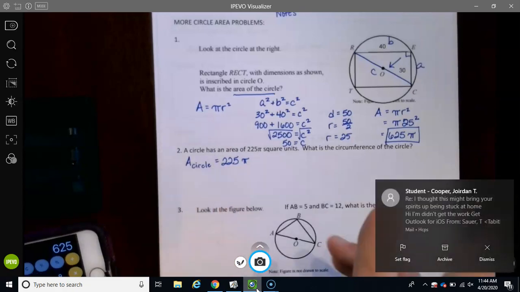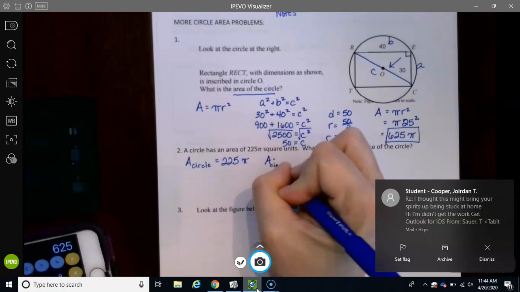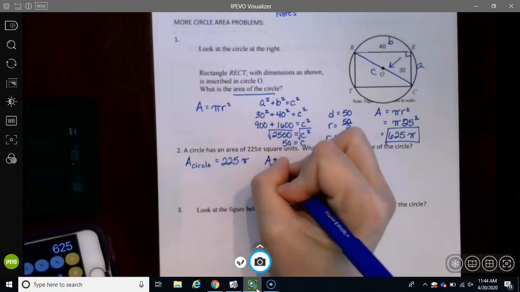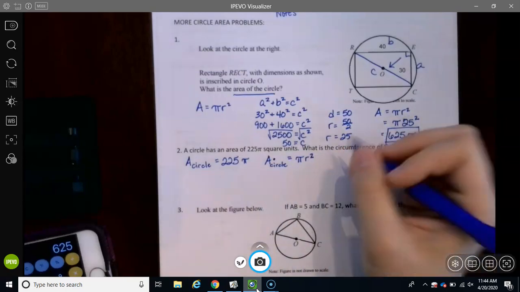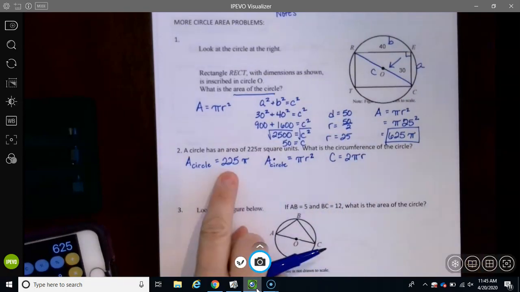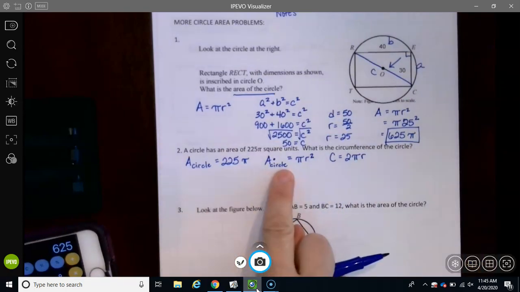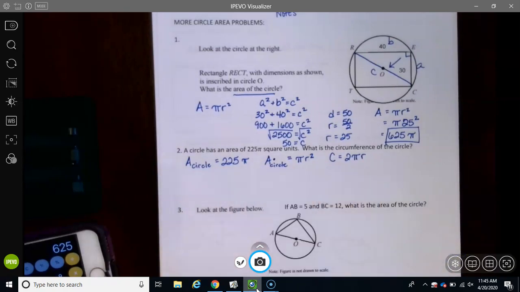So we're using 2 different formulas here. Area of a circle, which equals pi r squared, and then circumference of a circle, which equals 2 pi r. Okay, so we're going to use this to plug into this formula to find out our r, and then plug that r in here to find our circumference.